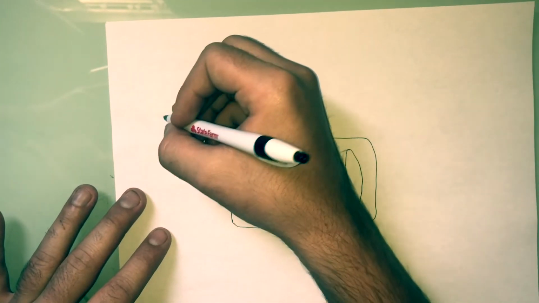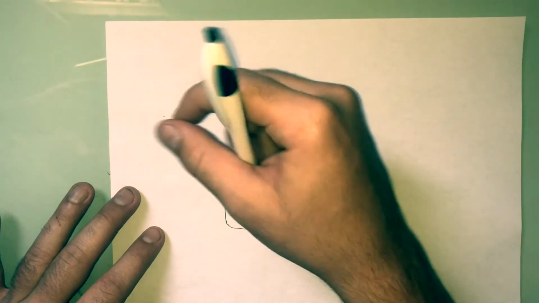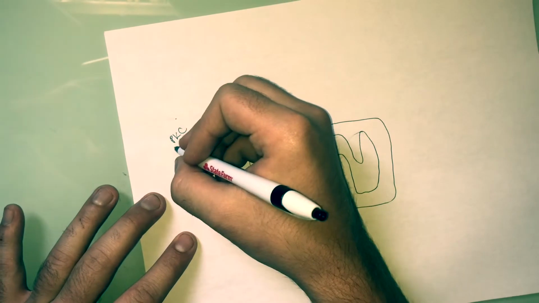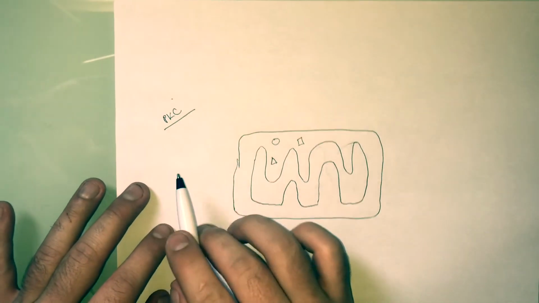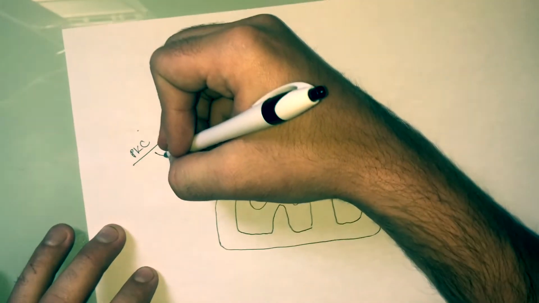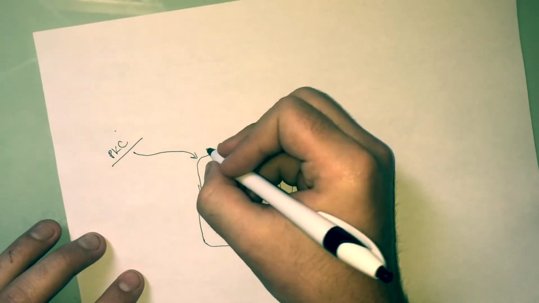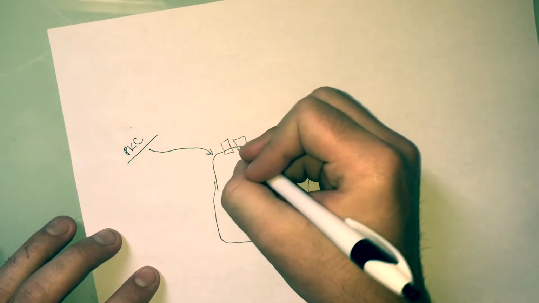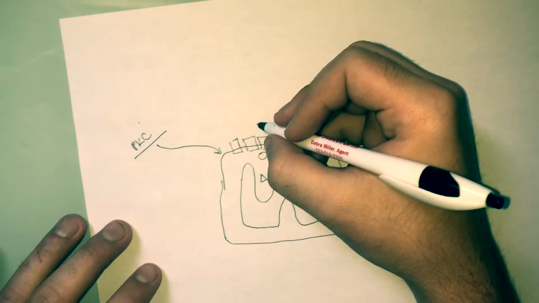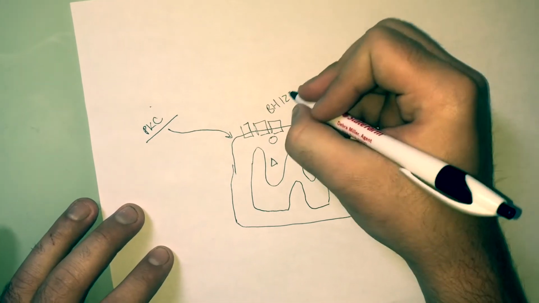So as PKC becomes activated by the calcium channels in the previous pathway, this will come and activate a protein in the transmembrane. This could be a BH123 protein.